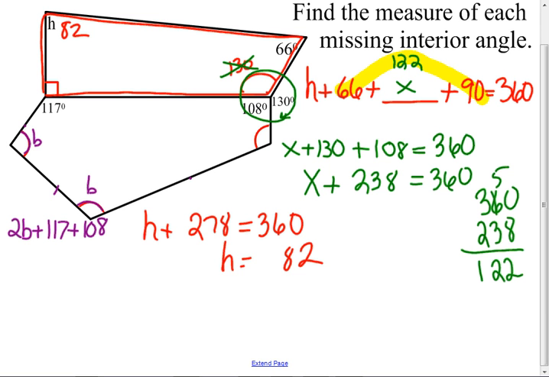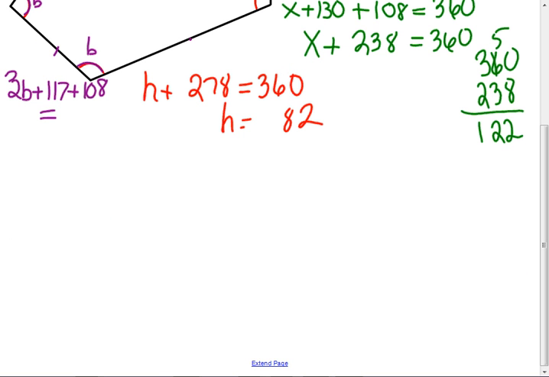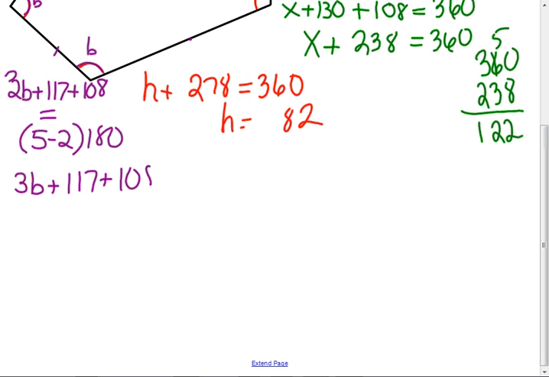Oh, how many B's do I have? Not 2. I have 3 B's. I missed that. Has to equal, well, I don't know how many degrees in a pentagon. So we have to figure it out. It's 5 minus 2 times 180. So I have 3B plus 117 plus 108.